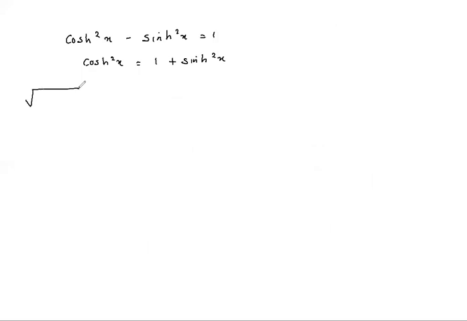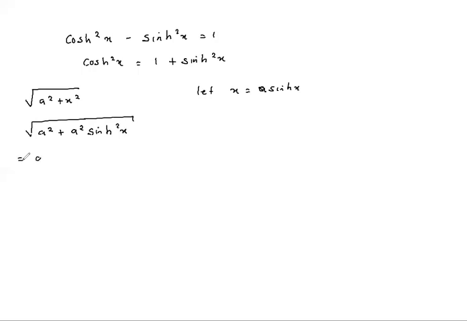Because if we have a squared plus x squared, and we let x be a hyperbolic sine x, then we'll have a squared plus a squared hyperbolic sine squared x.